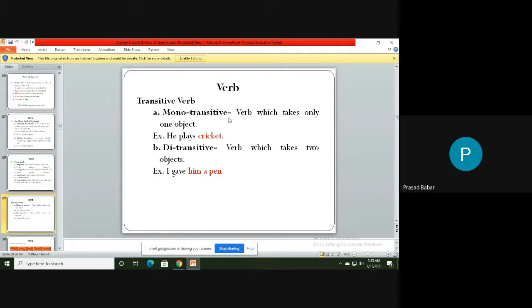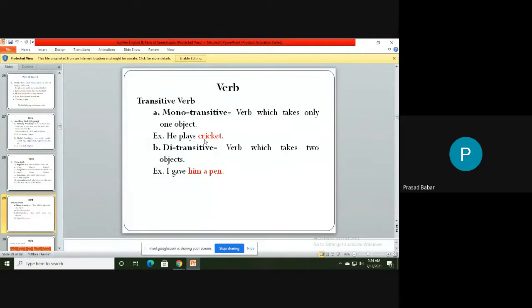In the monotransitive, there comes only one object after the verb, and that is why it is called monotransitive verb. Mono means what? One, single.